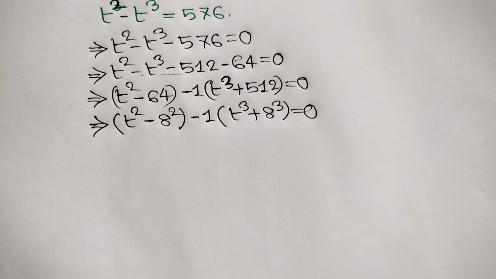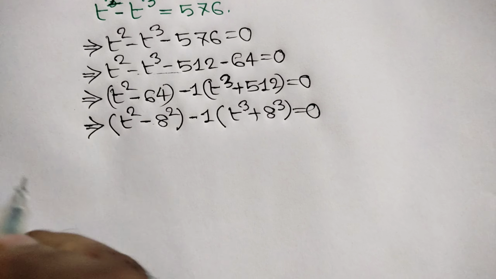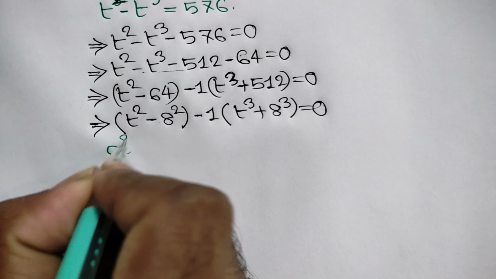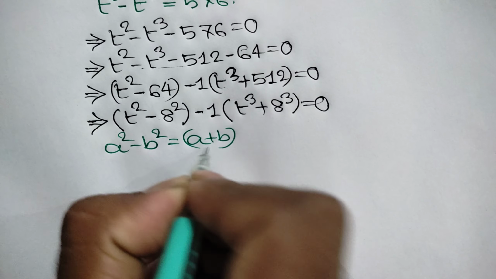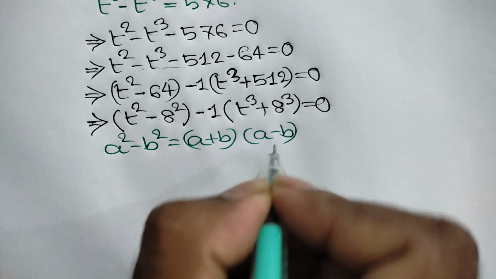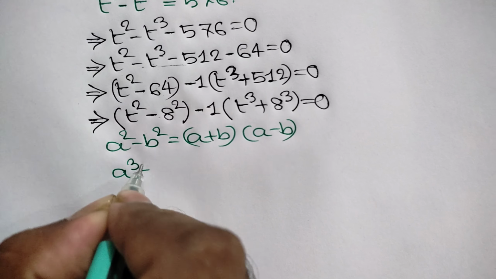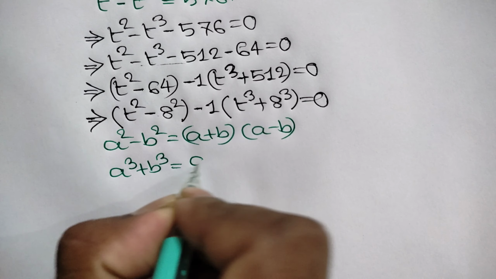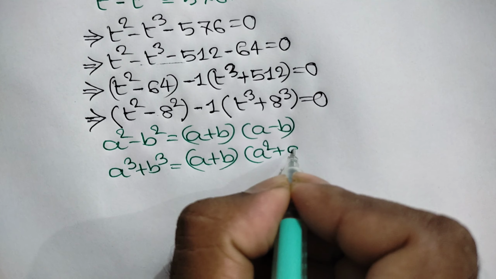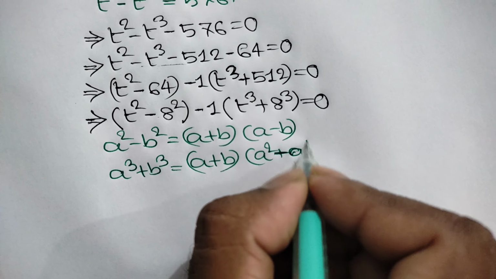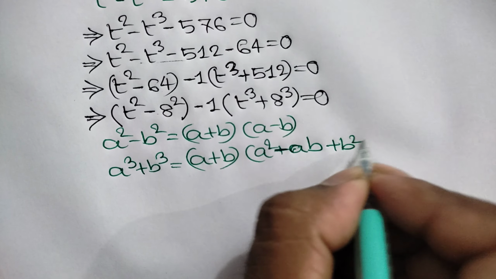Now here we can use two algebraic identities. We know a square minus b square is equal to a plus b times a minus b, and a cube plus b cube is equal to a plus b times a square minus ab plus b square.